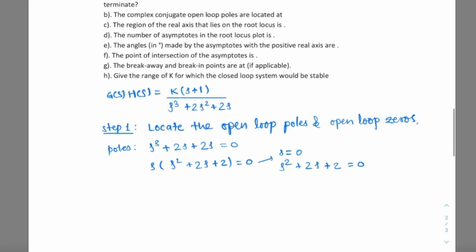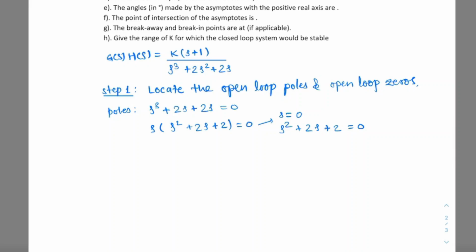So let's solve this polynomial as well. This is (s plus 1) whole squared plus 1 is equal to 0.